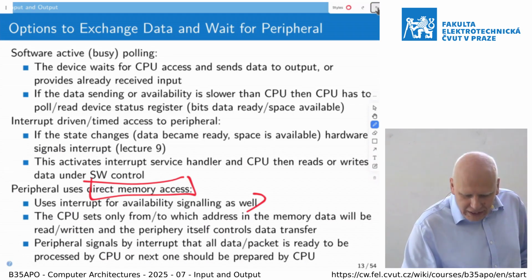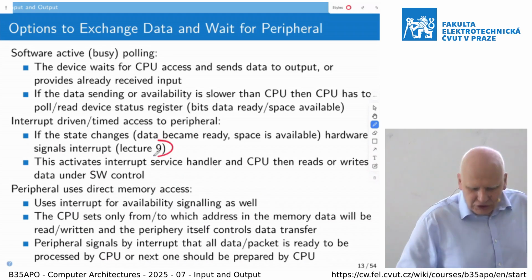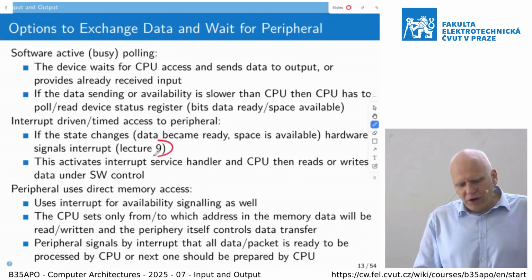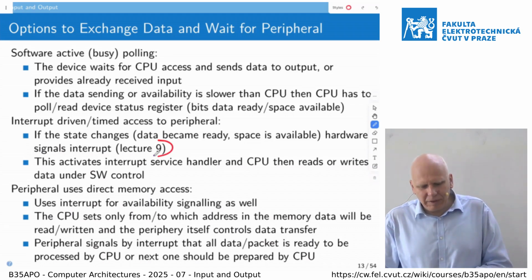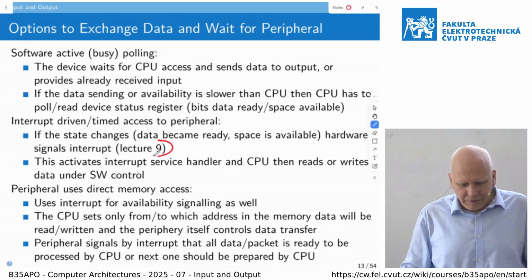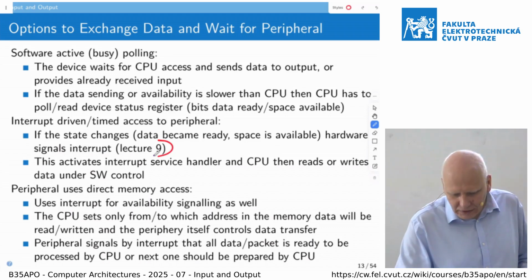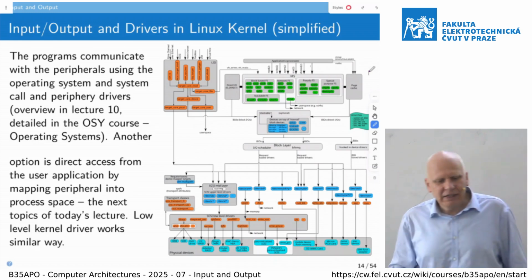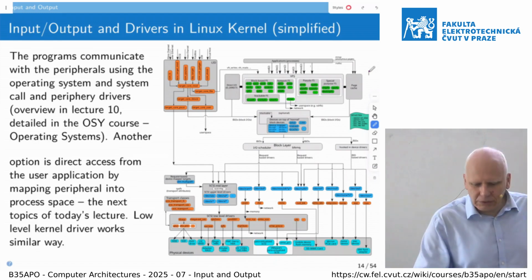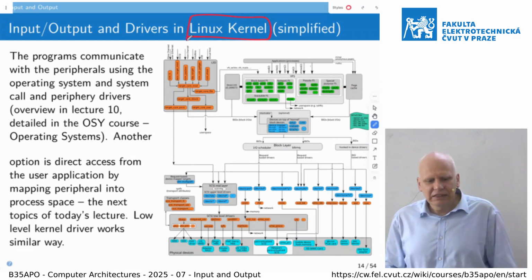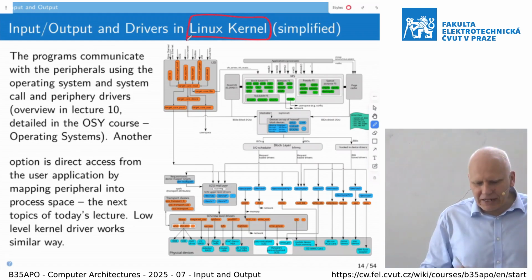We will look at the interrupt-driven communication during lecture 9. For the full direct memory access, we only look at it in a very quick way, because it starts to be a little more complex. Anyway, if you look, for example, at the Linux kernel, how it accesses the peripherals, then it is a very much simplified diagram.